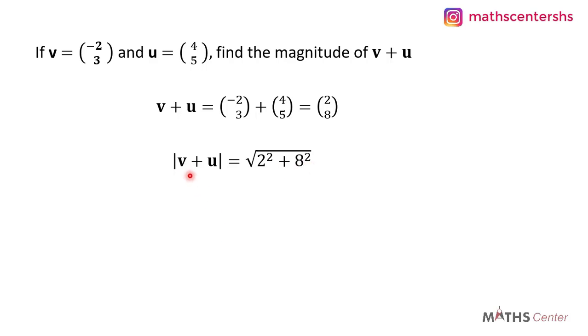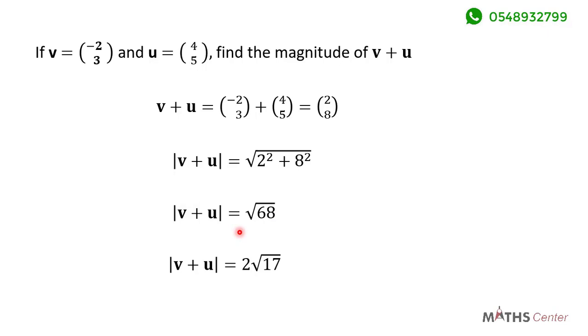So the magnitude is the square root of 2 squared plus 8 squared, which will give us the square root of 68. And when we simplify this, we will have the magnitude of the vector v plus u as 2 root 17.